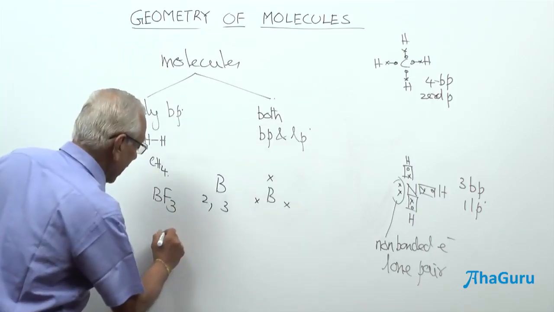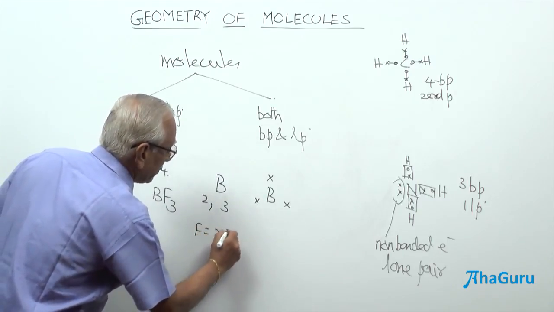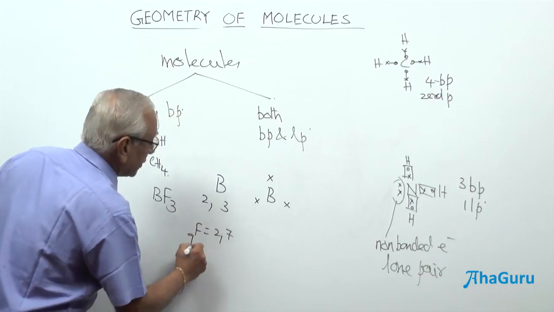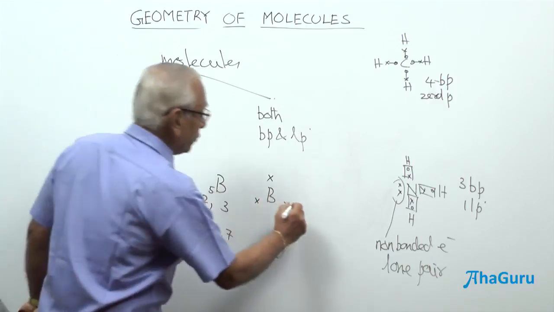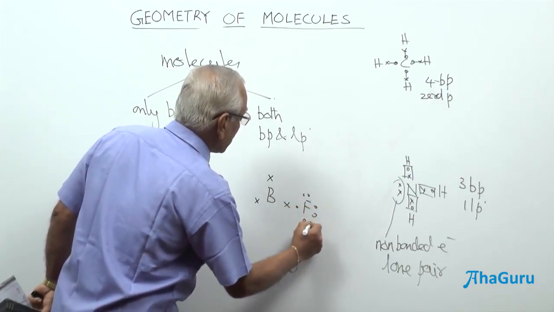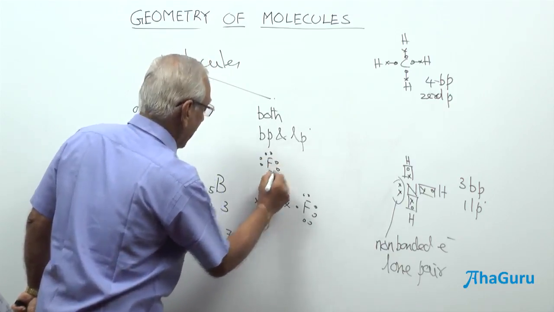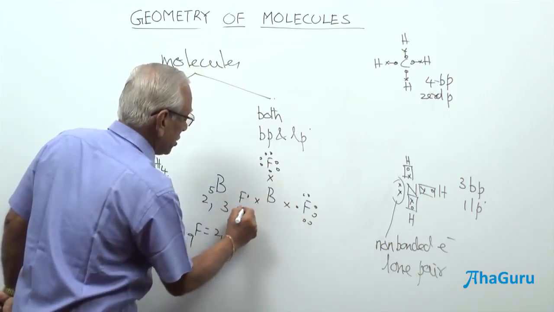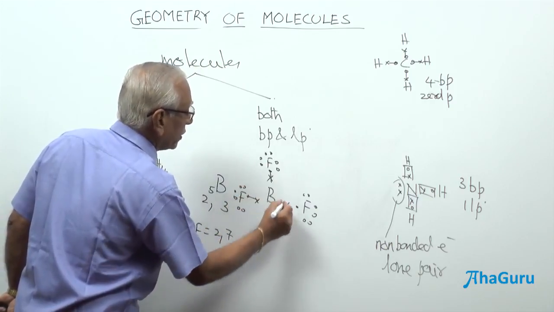And what is the electronic configuration of fluorine? 2, 7. The atomic number is 9. Therefore, each fluorine atom has got 7 electrons in the last shell, isn't it? And each electron of a fluorine atom forms a bond.